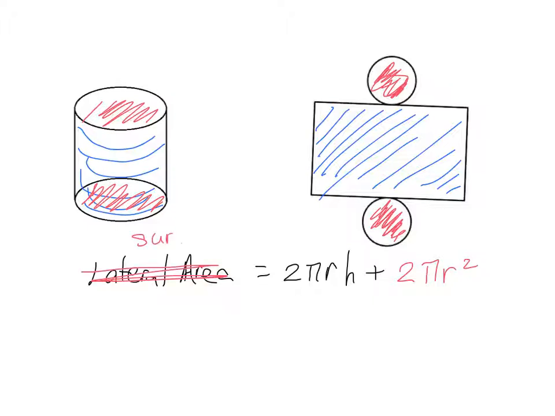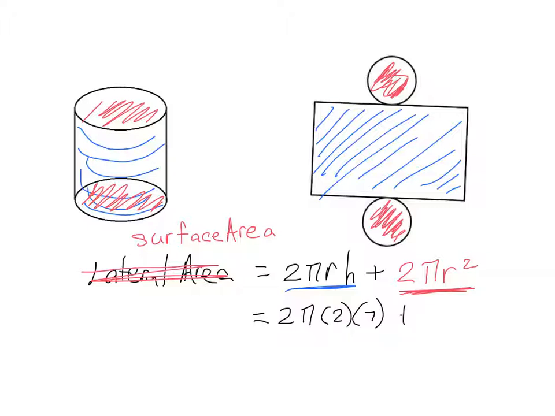So let's fix that statement here. All right, so again, the surface area is the lateral area, which is the blue section, plus the base area, two base areas. All right, so let's go ahead and put some numbers in. We have 2 pi. You may recall the radius was 2 and the height was 7, plus 2 pi. Again, the radius was 2, and we square that.